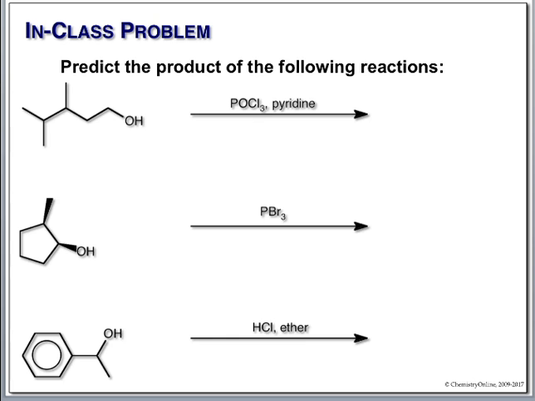So this is going to react with the phosphorus. This is our leaving group. Our double bond is going to form right here. It's going to look like that. Really nice, clean E2 elimination. No rearrangement, no nonsense. It just works.